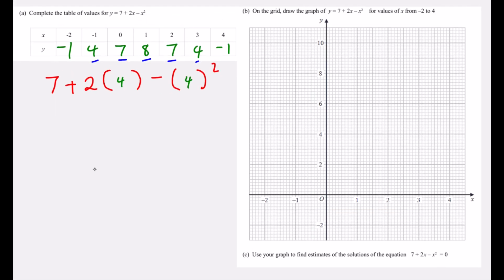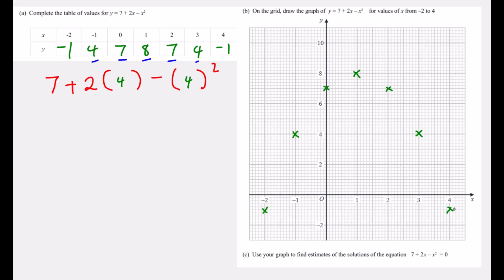Quadratic graphs are symmetrical. They make a symmetrical shape. And this is a quadratic graph because it's an x squared graph. The highest power is an x squared. So we can make these into coordinates: negative 2, negative 1, negative 1, 4, 0, 7, 1, 8, 2, 7, 3, 4, and 4, negative 1.